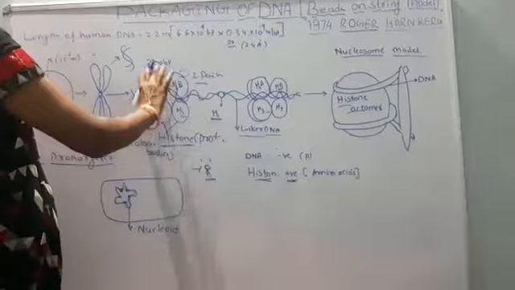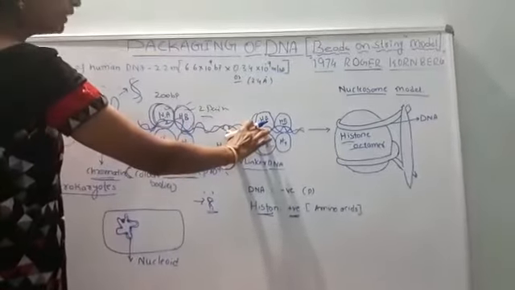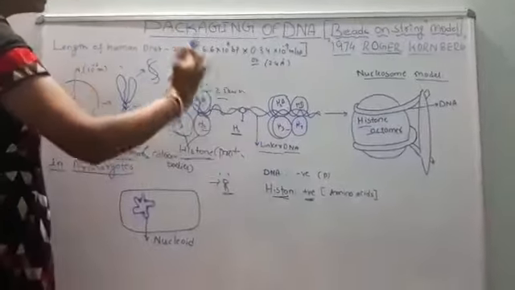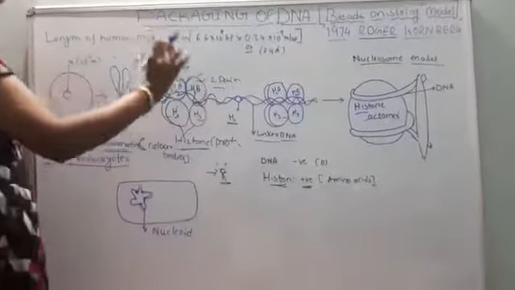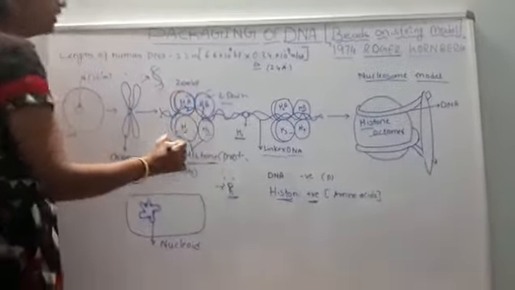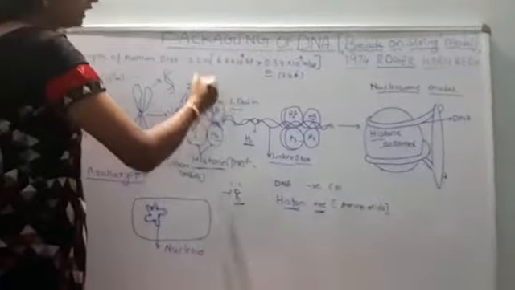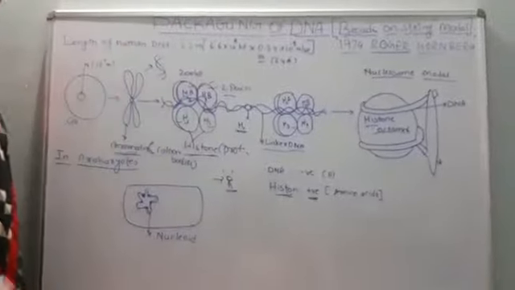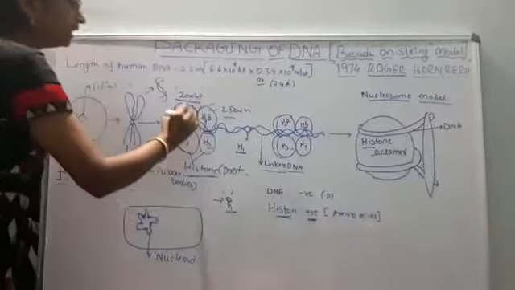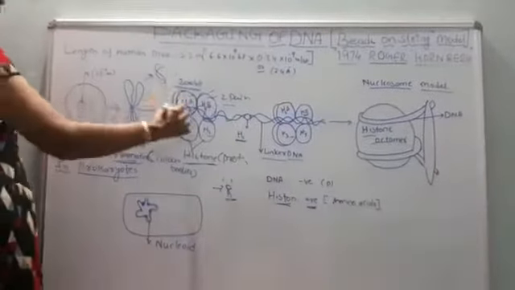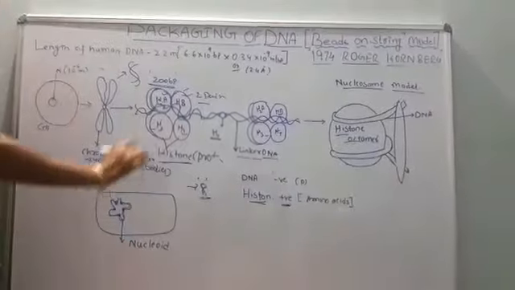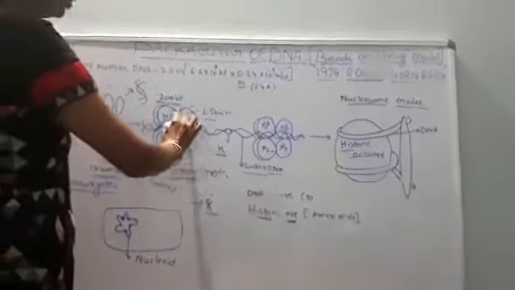Thus wrapper DNA is linked with the neighboring nucleosome with the help of linker DNA. Now let us understand how many base pairs are present in the double helical DNA wrapping over the nucleosome. There are about 200 base pairs in the double helical DNA wrapped over the nucleosome. So this is all about each nucleosome structure.